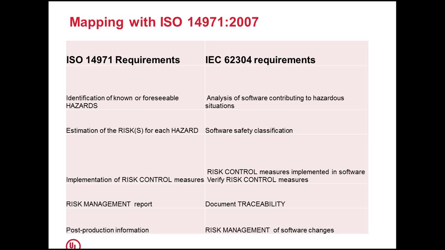The risk management standard is 14971 and it talks about a methodology in identifying the foreseeable hazards, estimating the risks, implementing the risk control measures, verifying those things, and finally having a report to ascertain that the risks are within control, and also post-production, that means post-release monitoring of the performance and taking actions to maintain the acceptable risk levels.